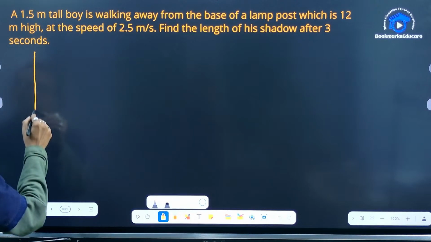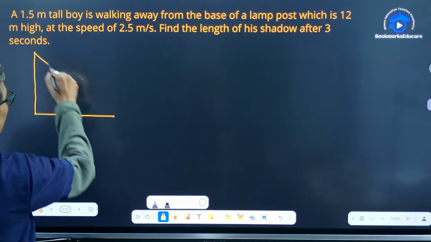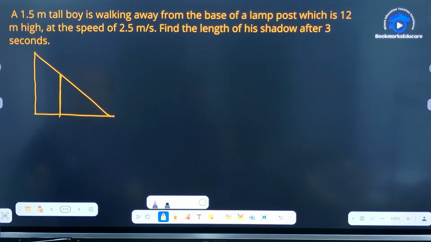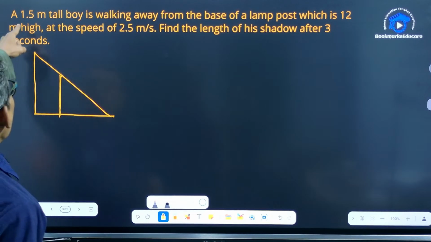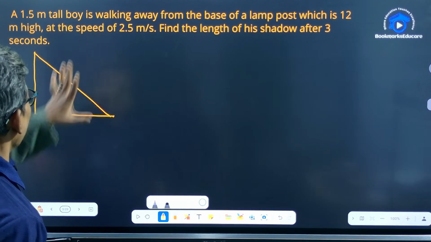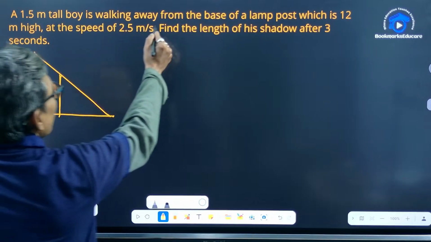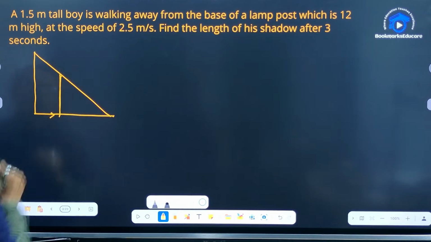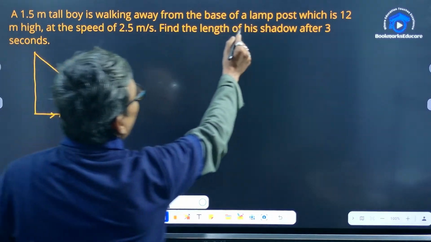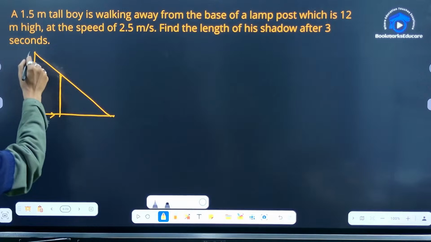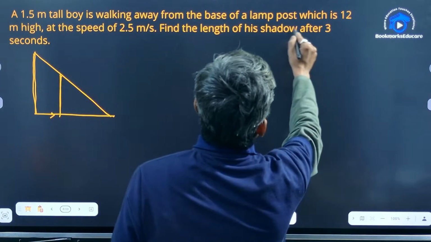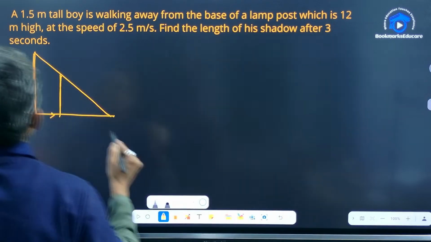A 1.5 meter tall boy is walking away from the base of a lamp post. This is the lamp post, which is 12 meter high.